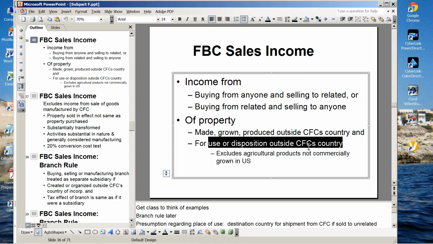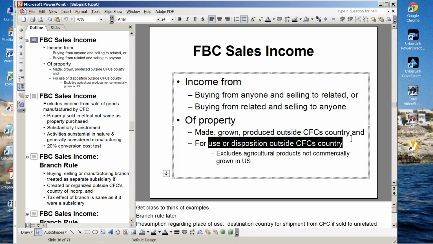If I've got a China subsidiary buying goods from another China subsidiary and then selling them worldwide to my affiliates, that's not Subpart F, because the goods were made in China where my selling subsidiary resides. So this is a really key aspect of this. We've got to have a related person involved on one end or the other, and the goods have to both originate in and be destined to some other country besides the one the CFC is organized in.